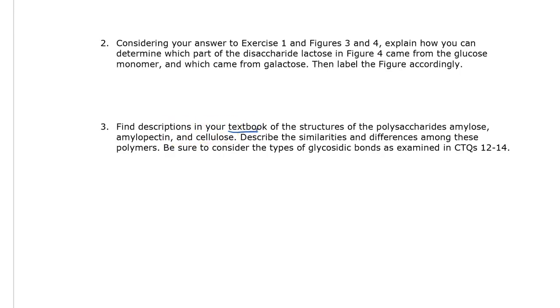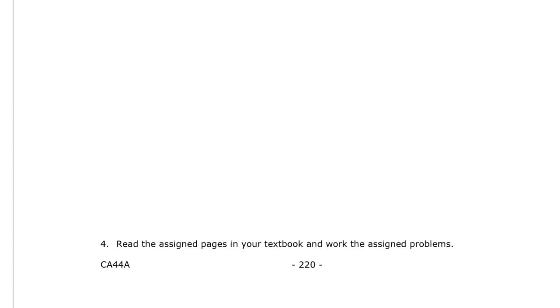If you don't have the textbook, or if you'd rather, you can just use the internet and Google them and find some descriptions of these polysaccharides: amylose, amylopectin, and cellulose. Describe the similarities and differences among those 3 polymers. That's something that you'll be responsible for knowing on the quiz. Even though I'm not talking about it here, you need to do a little bit of homework on that. And there's plenty of space on that page to do that. Okay?